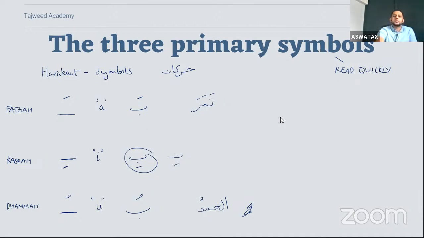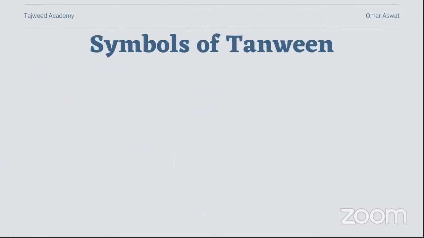Okay, let's move on. So the next symbol is the symbols of tanween. And tanween linguistically, in Arabic you learn that all these words have a linguistic meaning and a technical meaning in relation to the science.